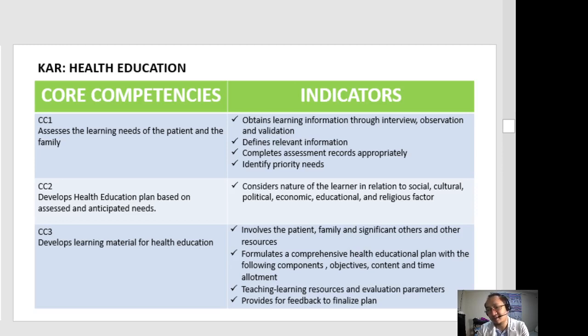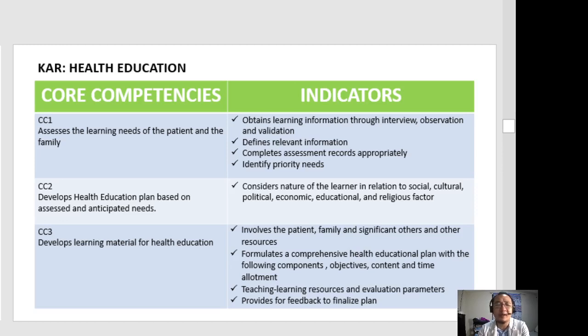Yes, you can consider their age, gender, socioeconomic status, level of education. Okay, so these are factors to be considered, so that you know how you are going to go about your health education, especially in the actual scenario already. So these are to be planned out.